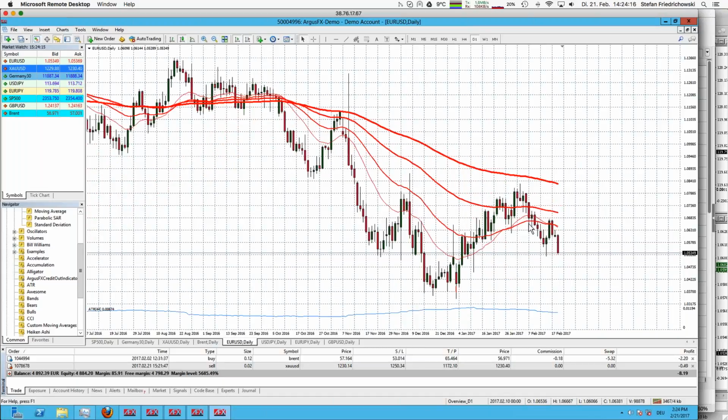So there has been an opportunity for a short trade for euro-US dollar a couple of days ago. So now everything already went south, which was the intended trade direction, but we are too late.